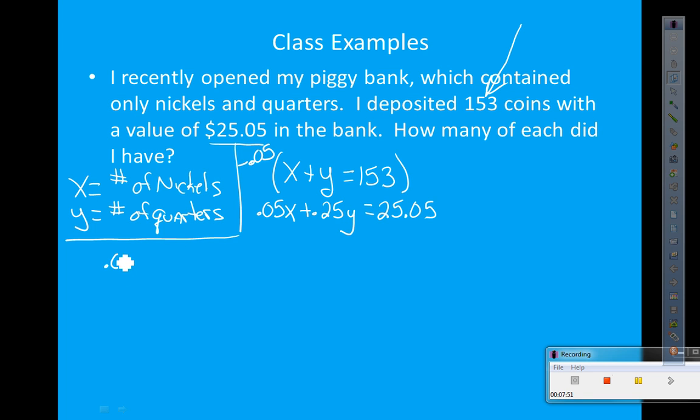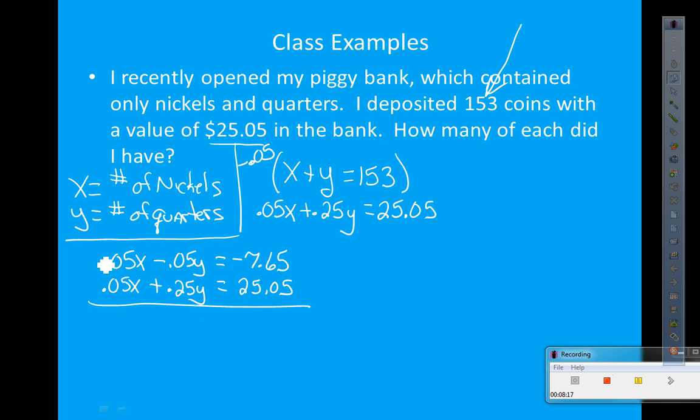So I'm going to have negative 0.05x minus 0.05y equal negative 7.65. The bottom equation I'm leaving alone. 0.05x plus 0.25y equal 25.05. I'm going to add them up, and I forgot my negative right there. I'm going to add them up, and my x's in this case are going to drop out.